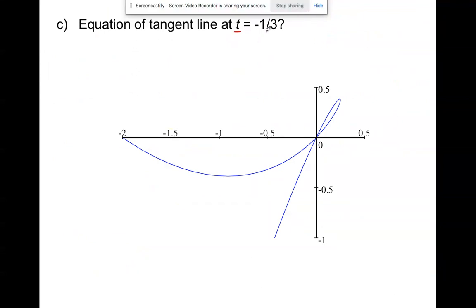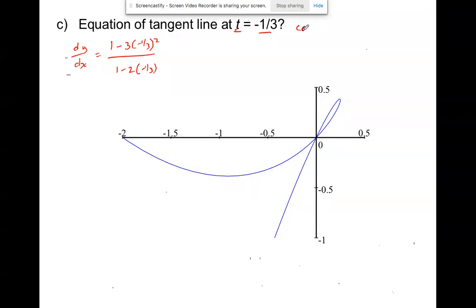Equation of the tangent line at a point. Now, you just did have the rule, so you can do this by hand. It wouldn't be terrible. You could do dy/dx is equal to 1 minus 3(-1/3) squared over 1 minus 2 times -1/3. But this is the derivative at a point.